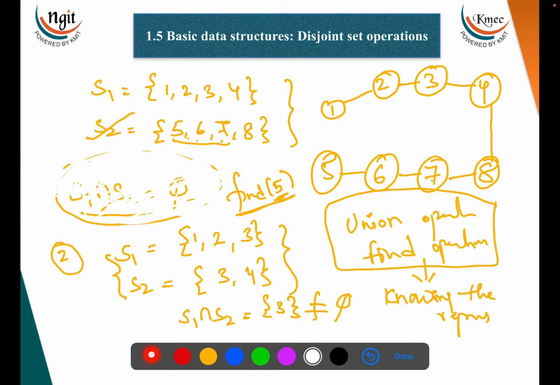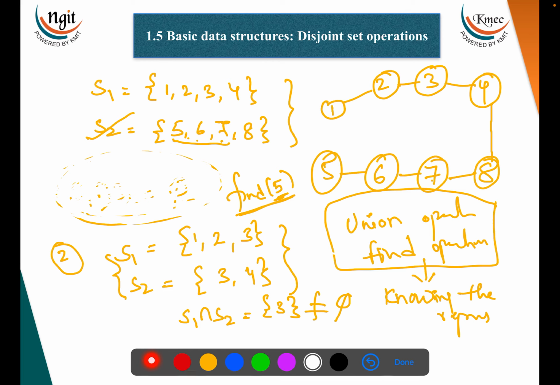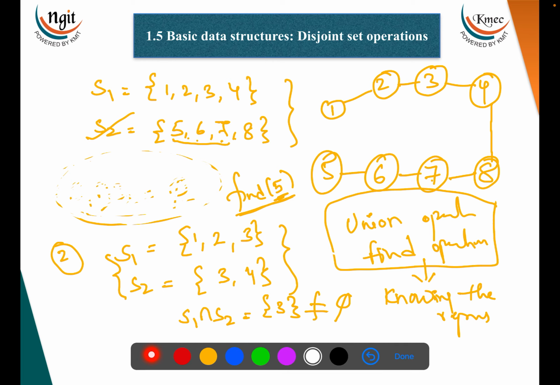So we get S1 union S2, and you will see the complete list. S1 union S2 is equal to {1, 2, 3, 4, 5, 6, 7, 8}.